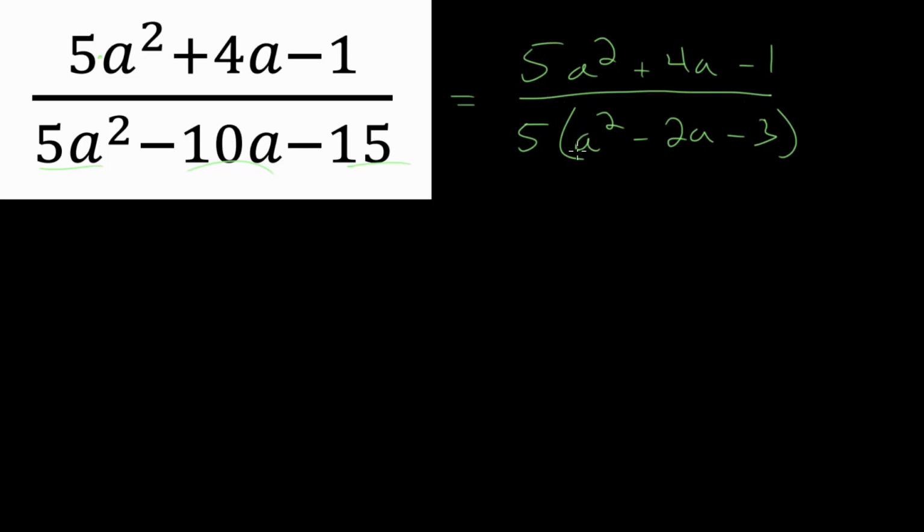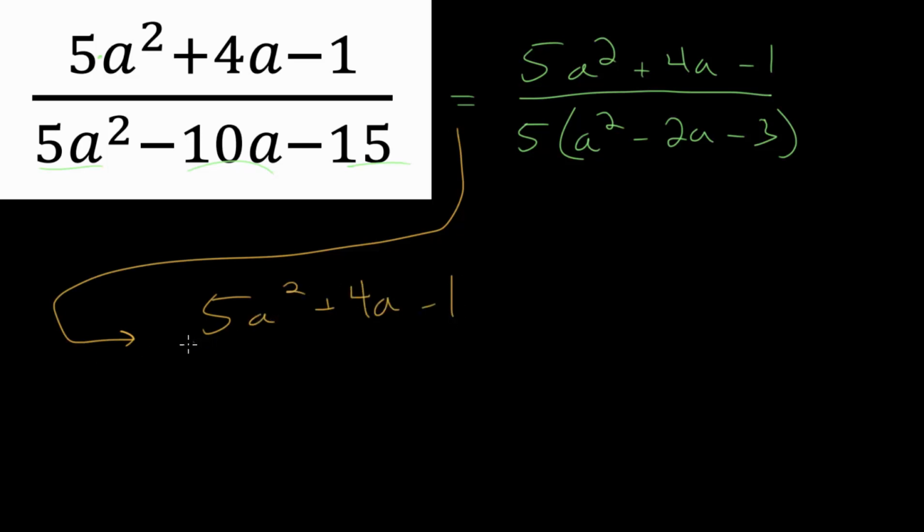Now, if we have a quadratic where the coefficient on a squared, the highest power term, is 1, then it's a little bit simpler to factor. So let's focus on this denominator first, and we'll come back to the numerator. So I'll just rewrite that as 5a squared plus 4a minus 1, and we'll still have this factor of 5.